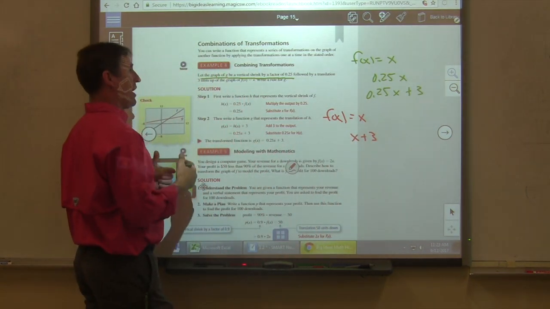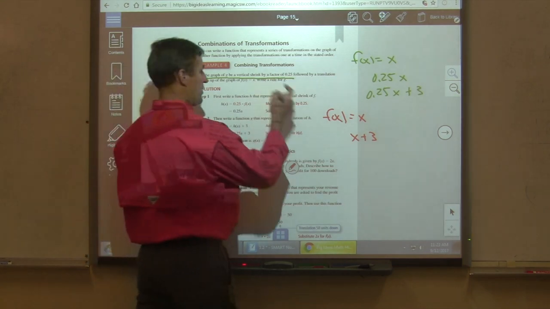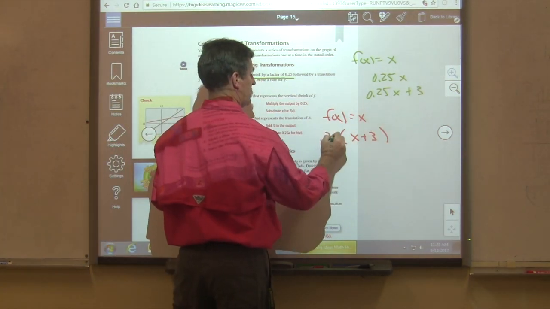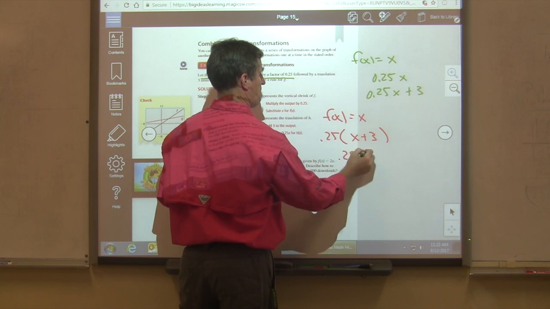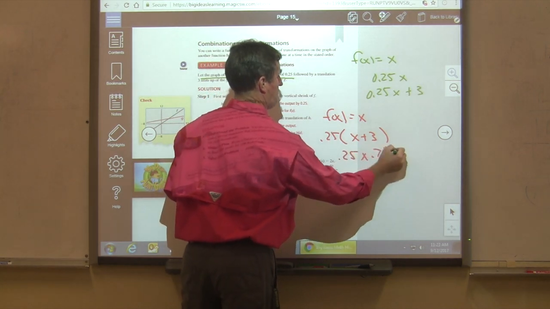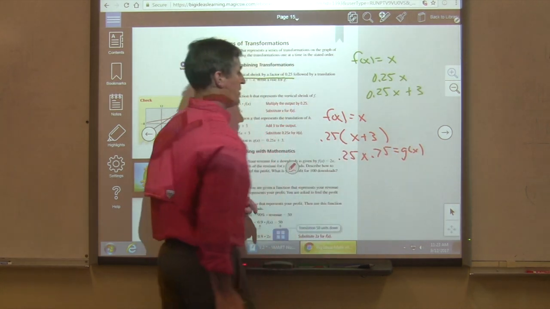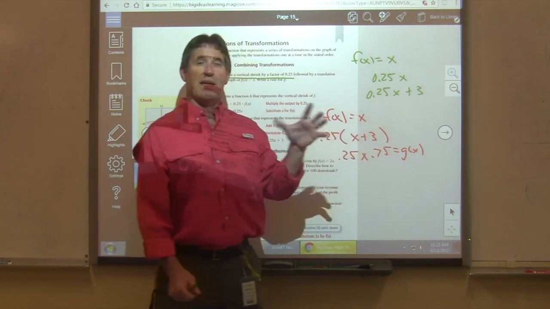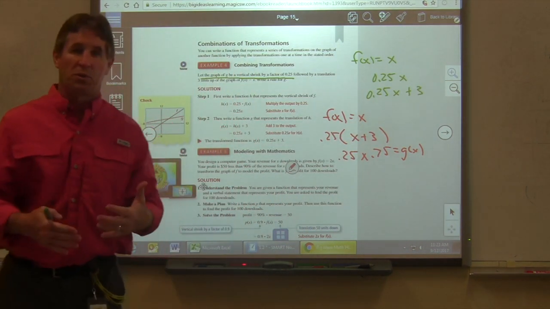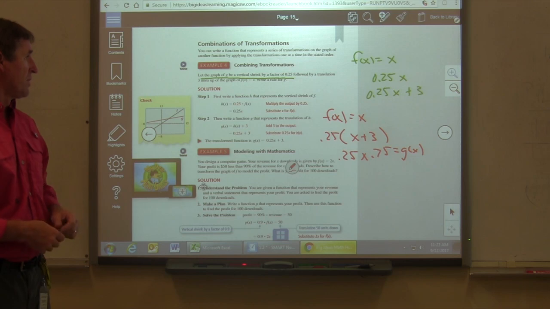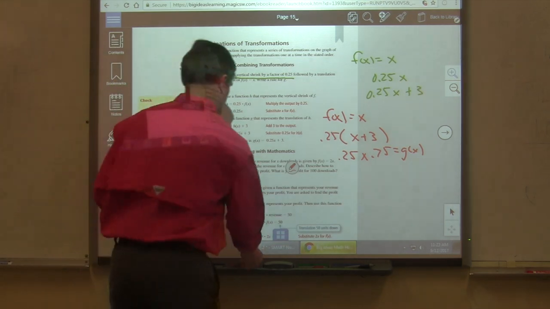And then I do a vertical shrink of 0.25, well, that vertical shrink affects the whole thing. So my answers are not the same because of the order in which we were supposed to do it. So they're going to combine transformations on this.